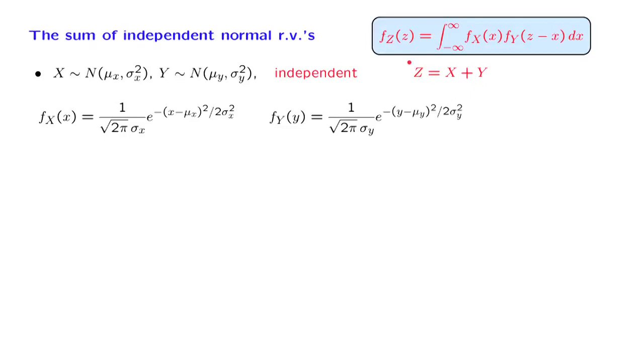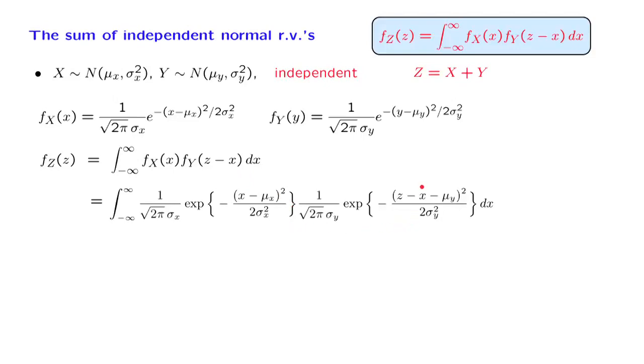Of course, the PDF of z is given by the convolution formula. And now we plug in here the form for the density of x, and here we plug in the form of the density of y, except that instead of the argument y, we need to put in the argument z minus x. So we obtain this form where here we have a z minus x instead of y.